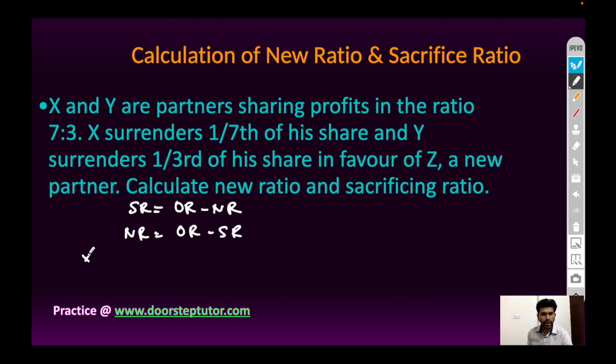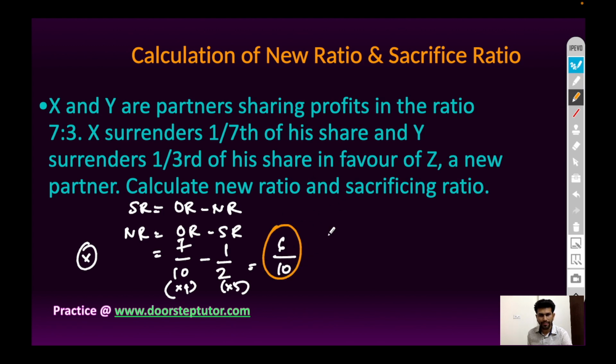First we will calculate the new ratio of Mr. X. Old ratio is 7 by 10 minus sacrifice ratio is 1 by 2. Six by 10 for Mr. X.